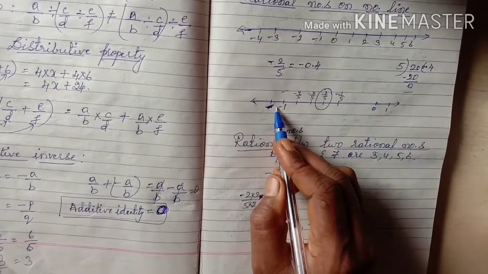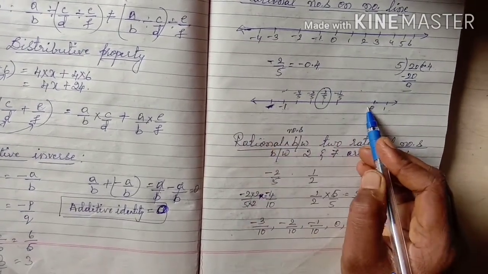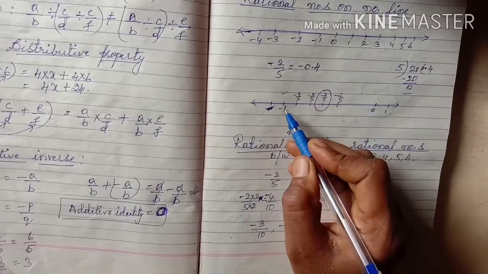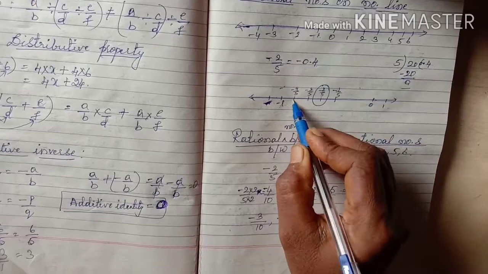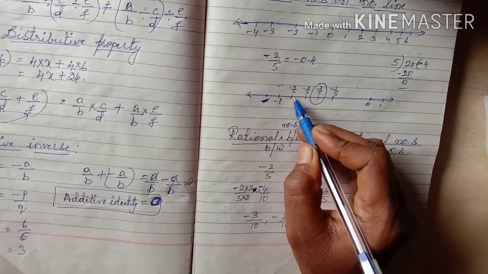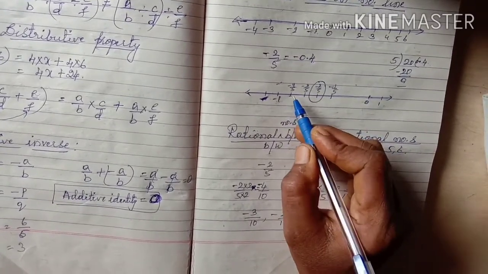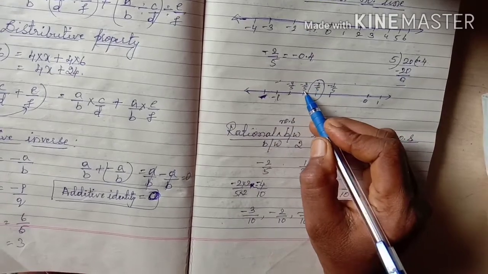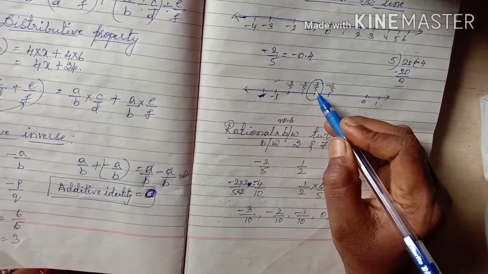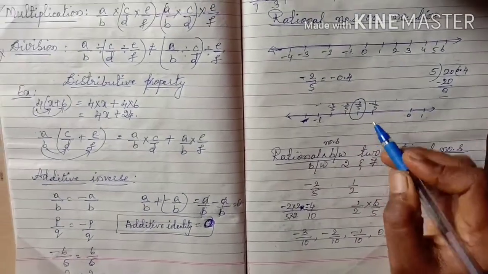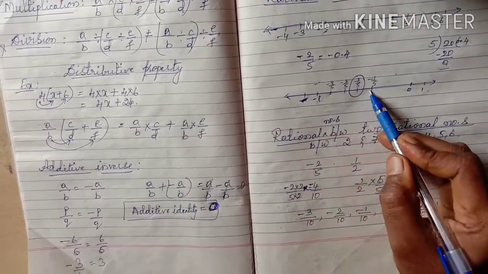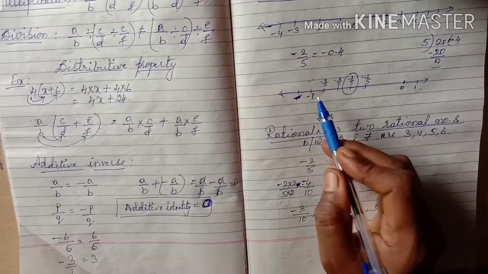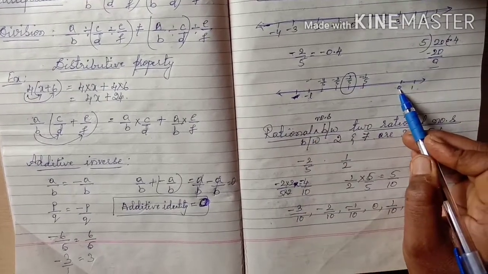From minus 1, the next number is minus 4 by 5, then minus 3 by 5, minus 2 by 5, minus 1 by 5, like this, children. This is how we write on the number line between minus 1 and 0.